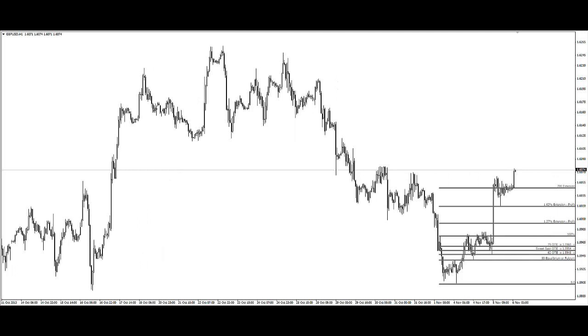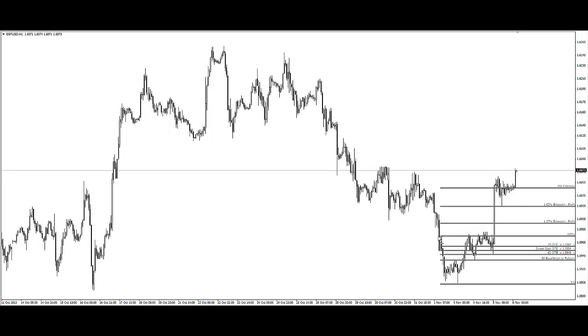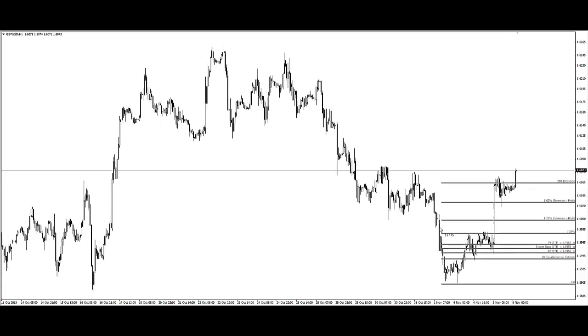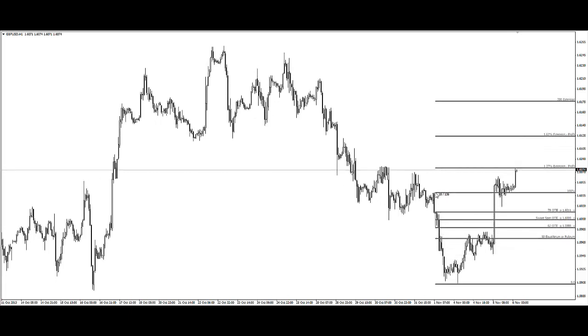Let's scroll over here a little bit, and as soon as I can get this fib, we'll use this high here, and price just reached the 127 extension here.